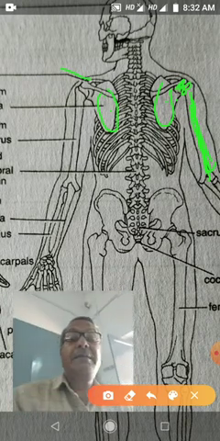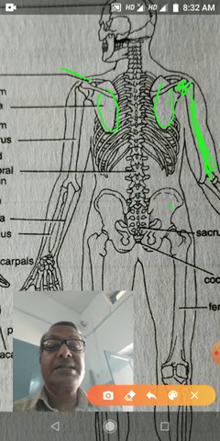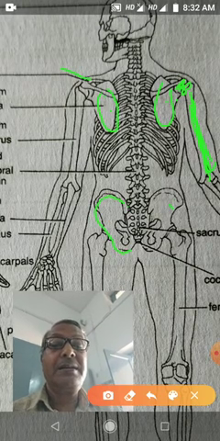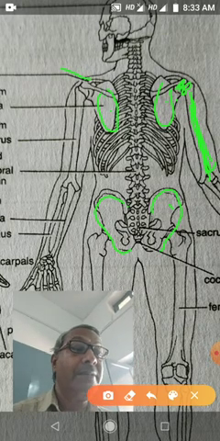The other is the pelvic girdle. This is the pelvic girdle, also known as the hip girdle.